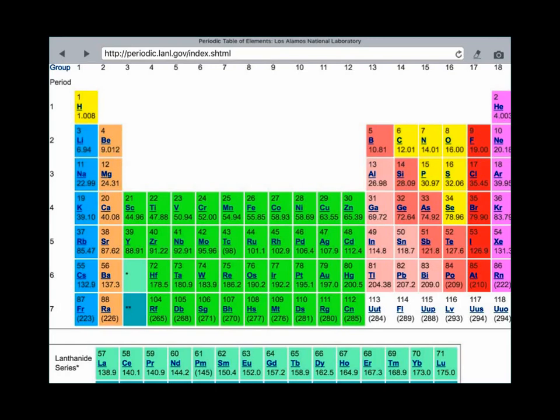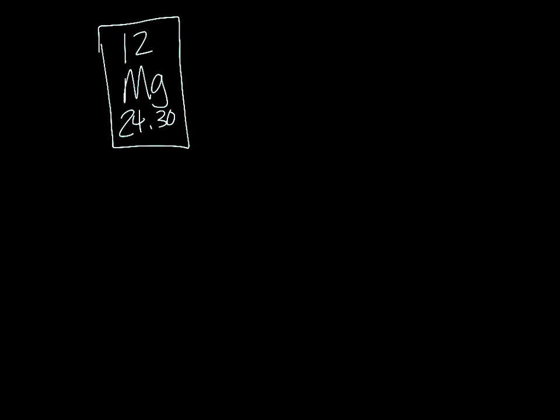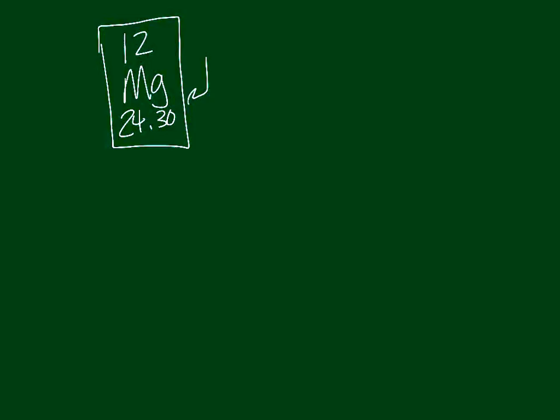And what we find out is if we look at something like magnesium, which has atomic number 12, Mg, 24 point, I think it was 30. That's like that because this number here is an average.